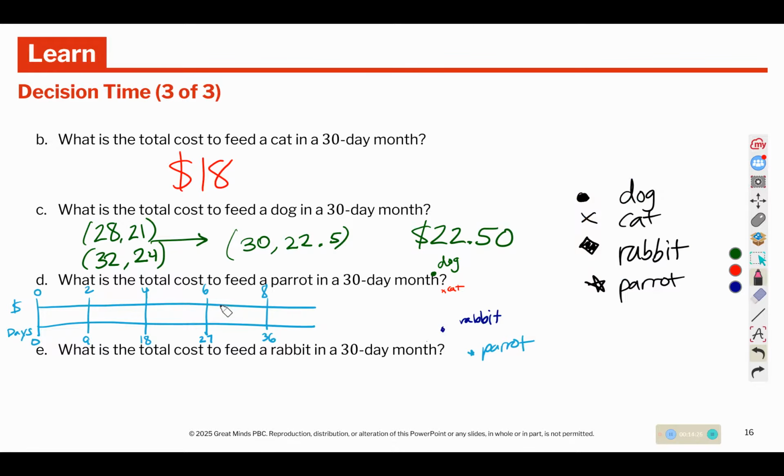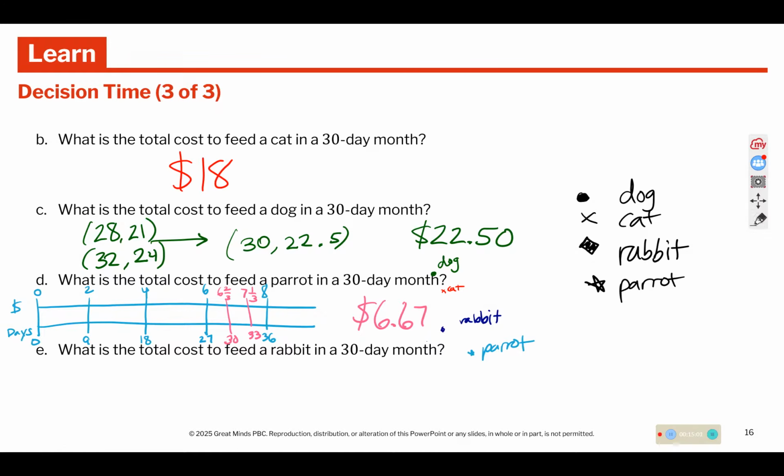We can split this up in 3 parts, 27, 30, 33, 36. Well, 6 to 8 is a span of 2. 2 split into 3 parts is 2/3. So this is 6 and 2/3. Then the next one, 7, 7 and 1/3. So it costs 2/3 of a dollar, which is about 67 cents.